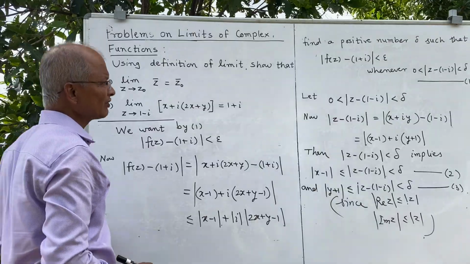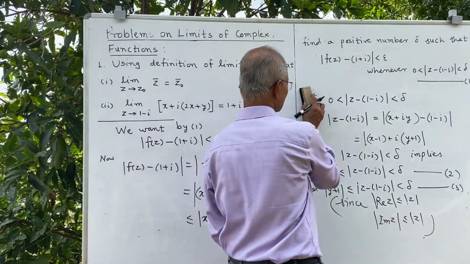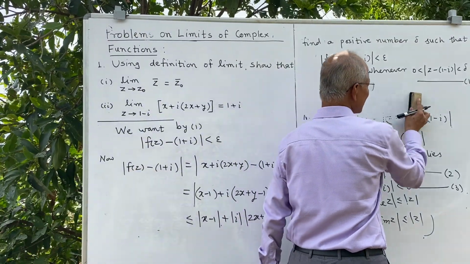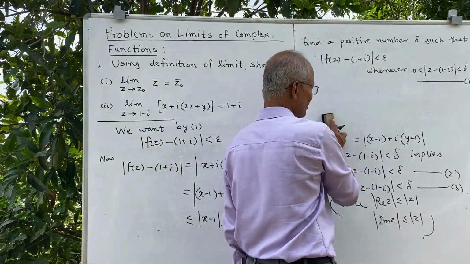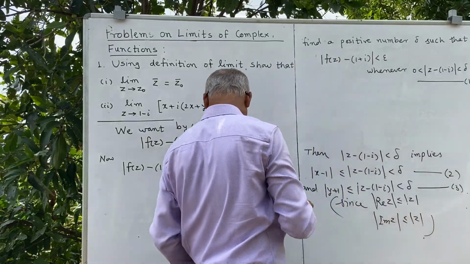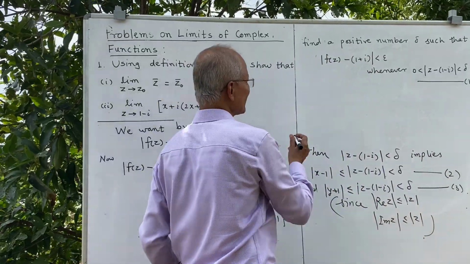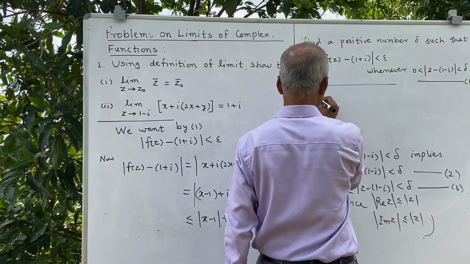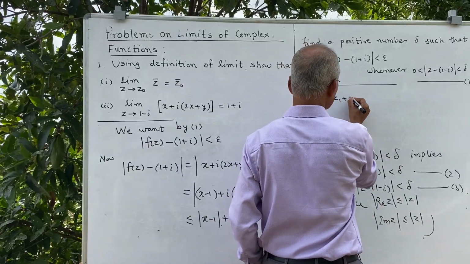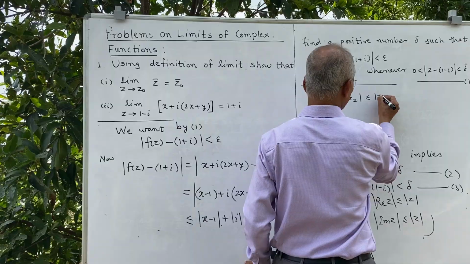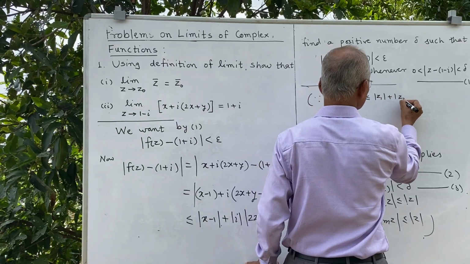So the property we have used is mod of z1 plus z2 is less than or equal to mod z1 plus mod z2, by triangle inequality.